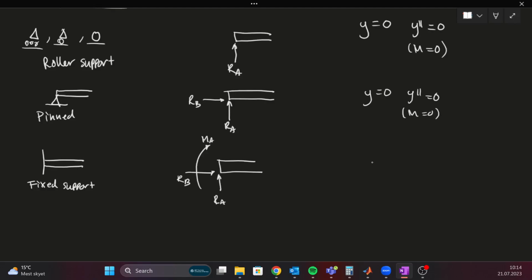So the boundary conditions for this case are that y equals 0 and y prime equals 0. So y prime is the angle, equal to 0, because the angle at the fixed support at A is equal to 0.